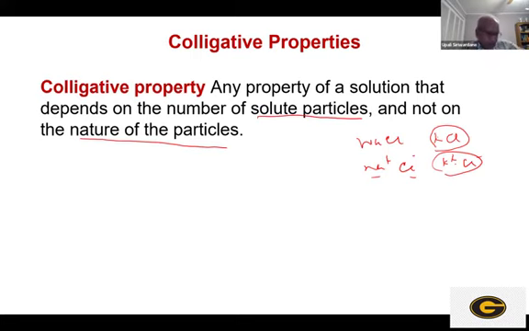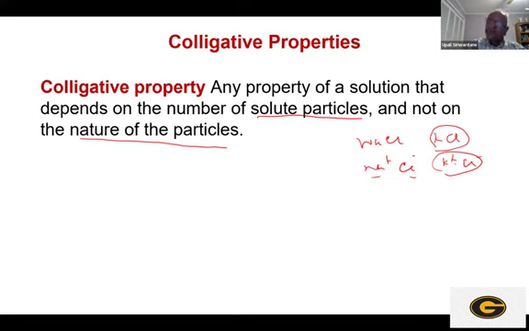Therefore, colligative properties, we talked about freezing point depression, lowering of the freezing point of a homogeneous mixture or solution, and elevation of the boiling point, are affected by the number of particles.